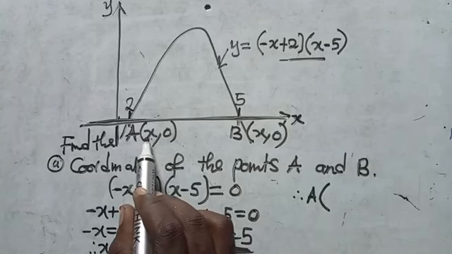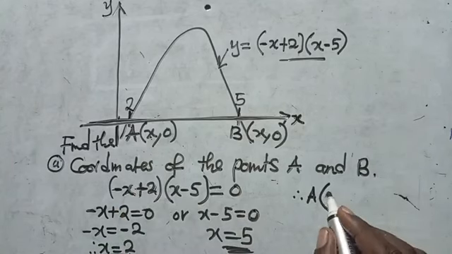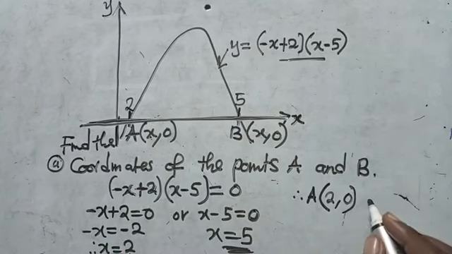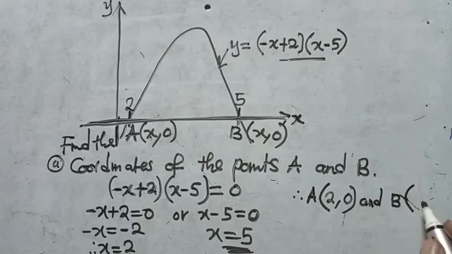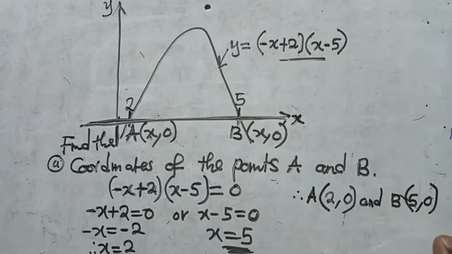Where there is x there is 2, so A is 2, 0, and for B, x is 5, so B is 5, 0. These are the coordinates. This is what you are supposed to do to find those values, and this is what you need to get and understand.